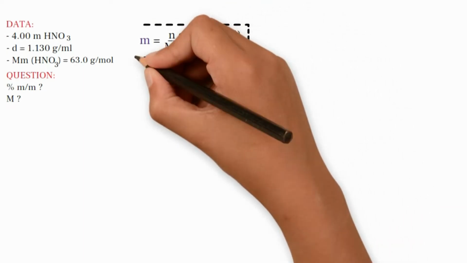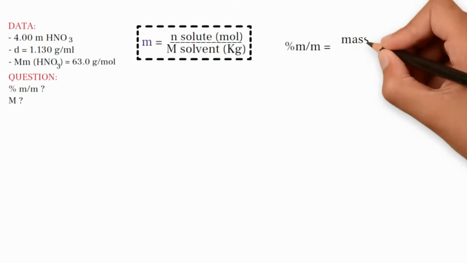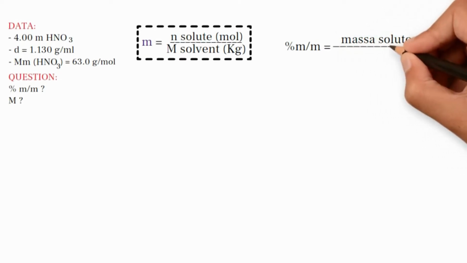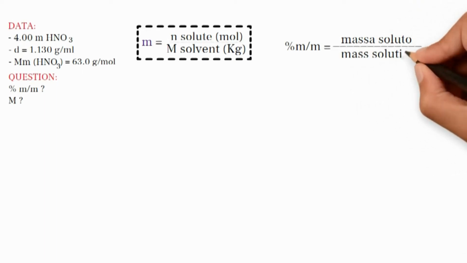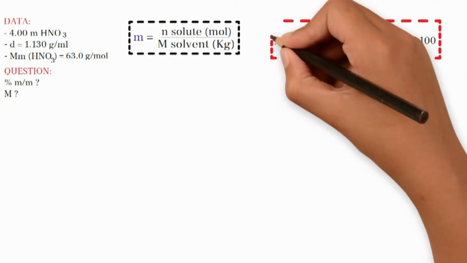Let's frame that. Now, the percentage by mass is mass of solute divided by mass of solution times 100. Let's frame also this one.